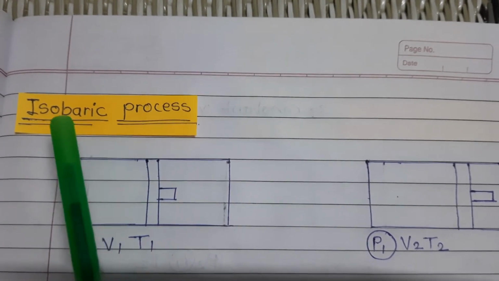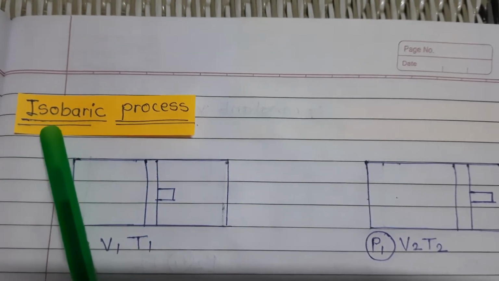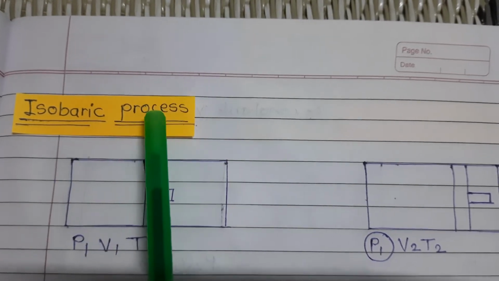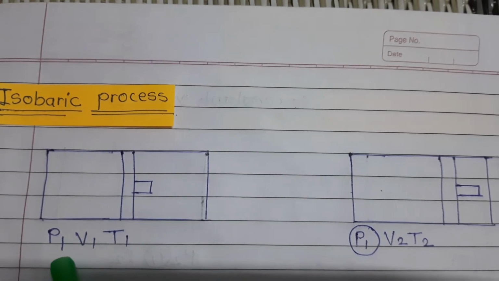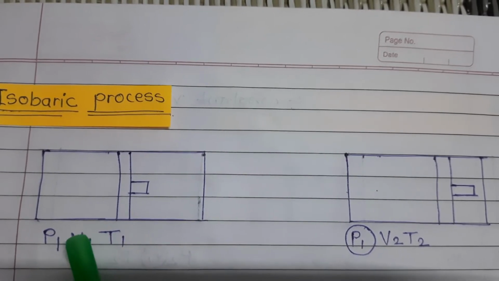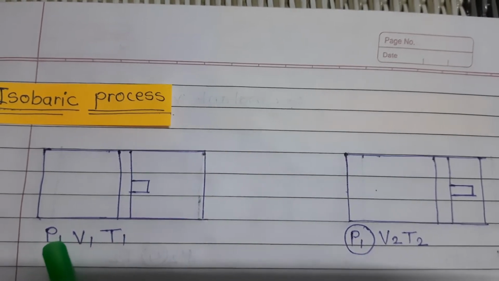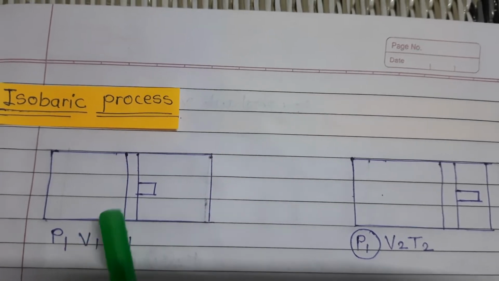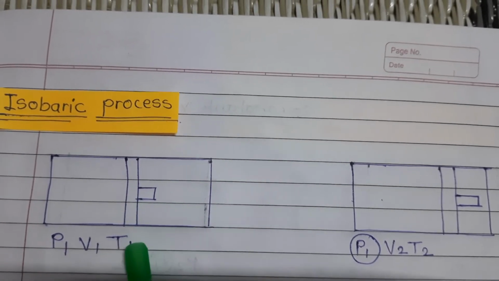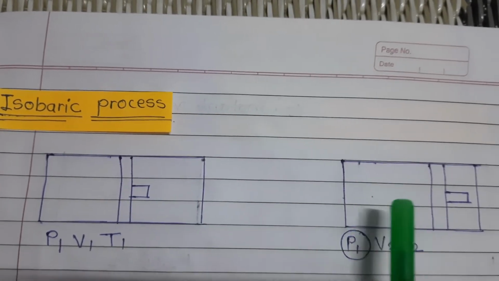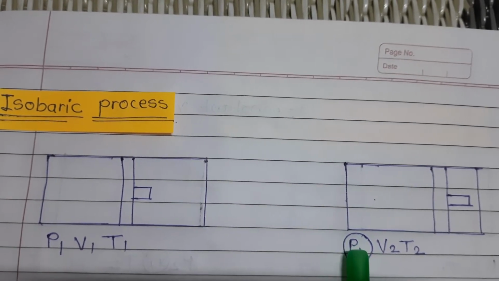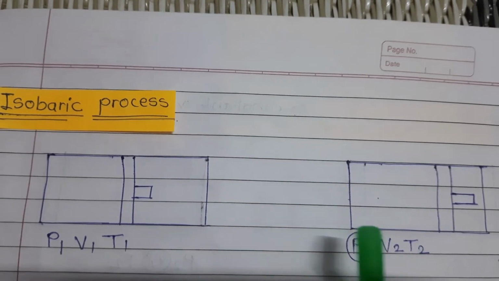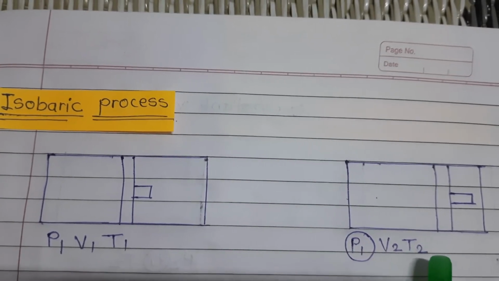Hence, isobaric is the same pressure process. See, this is a system. Initial state of the system: P1 is the pressure, V1 is the volume, T1 is the temperature. Then pressure remains the same. Volume becomes V2, temperature becomes T2.